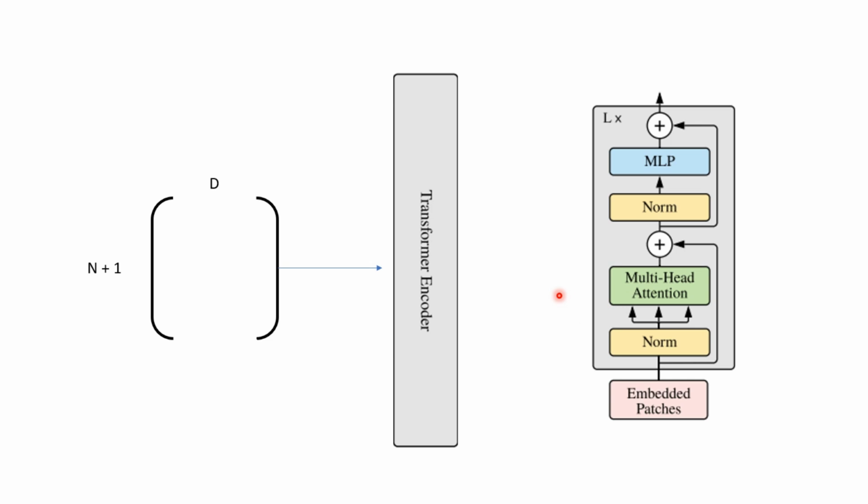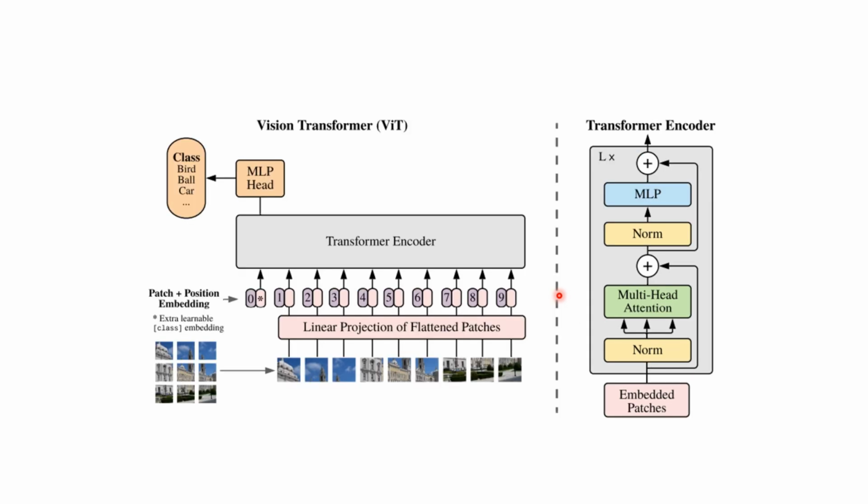To use this output for classification, the model focuses on the class embedding vector, which is the transformed version of the class token. This vector is passed through a single multi-layer perceptron, which maps it to a vector of size y, where y represents the number of classes.